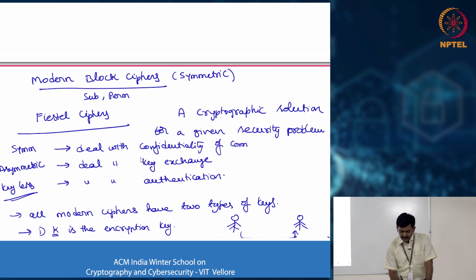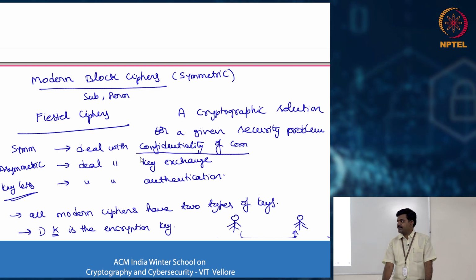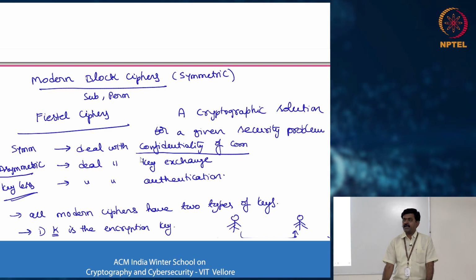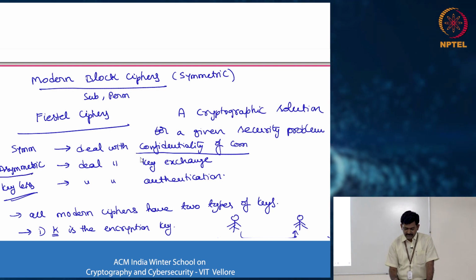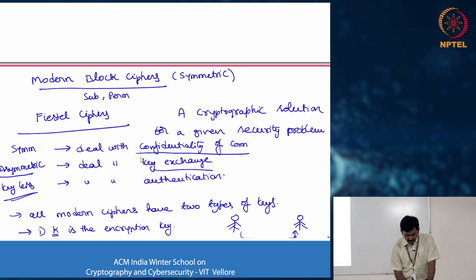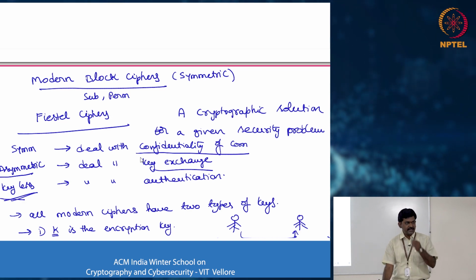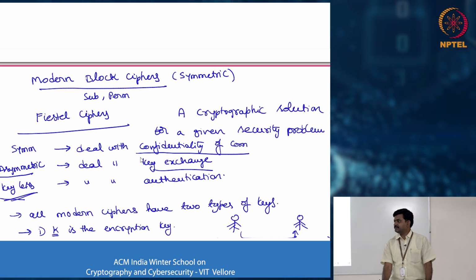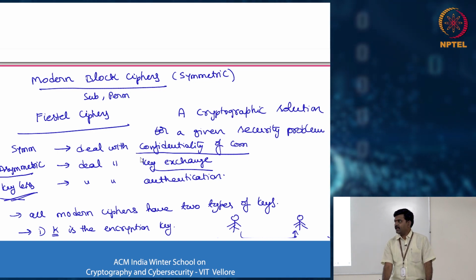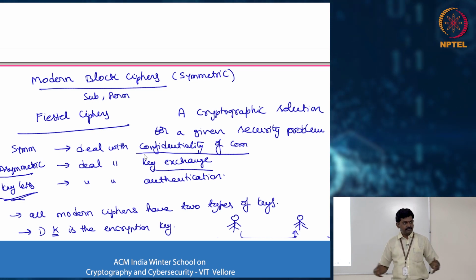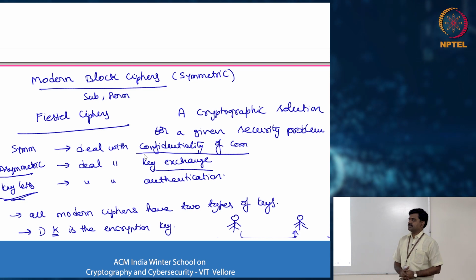A symmetric key algorithm providing confidentiality, an asymmetric key algorithm providing key exchange, and keyless ciphers such as hash functions or MAC functions to provide authentication and integrity. Then only you can say that you have come out with a full-fledged security solution.